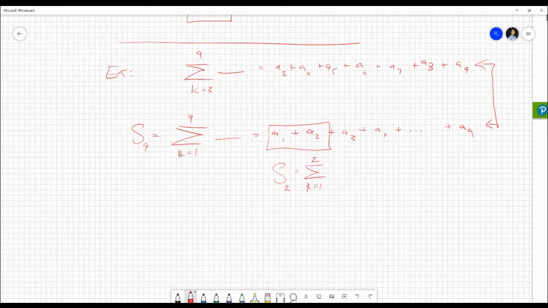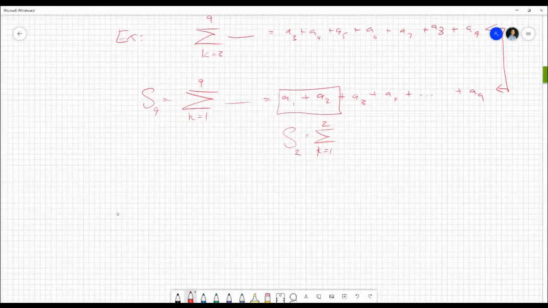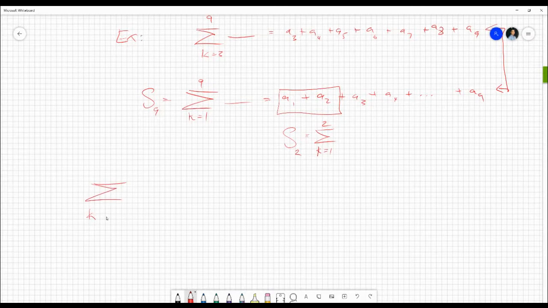Now let's put everything together in the general term. Let's say I want to find out the sum for K from A to B, where A is not 1.